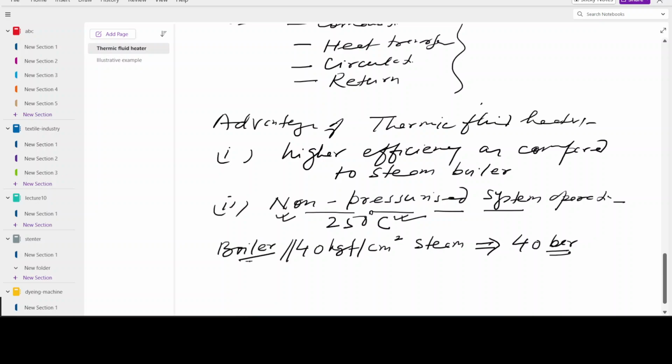So it is advantage here, no extra pressure is required.